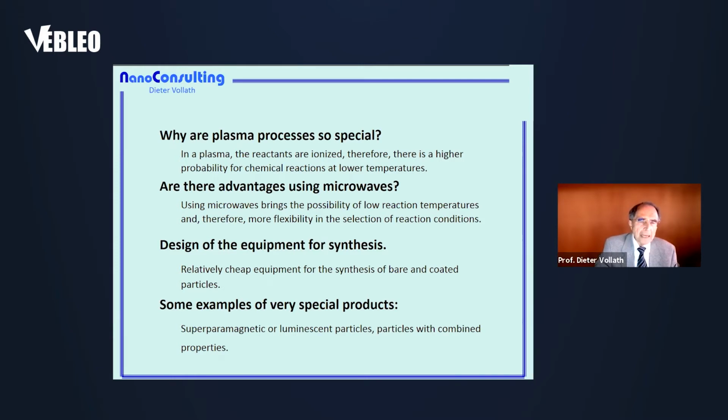Furthermore, I will tell you something about the design of the equipment for microwave plasma synthesis. And you will see this is a relatively cheap equipment, at least compared with conventional ones. And this equipment allows the synthesis of bare and coated particles.